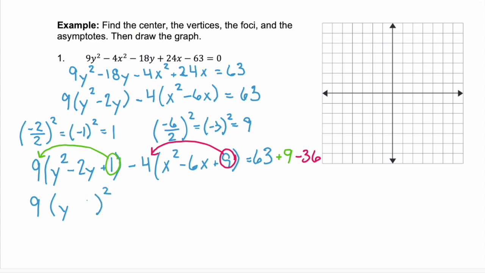And that second term always comes from the value we had right before we squared when we're completing the square. So here it's negative 1. And then for our x, it was negative 3. And we can simplify the right-hand side. We should get 36.